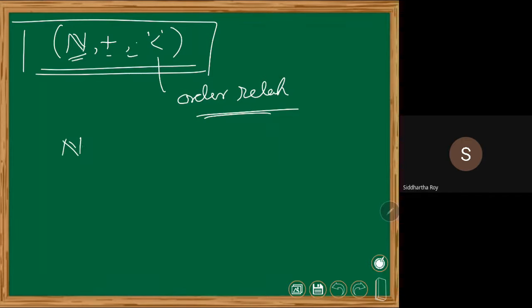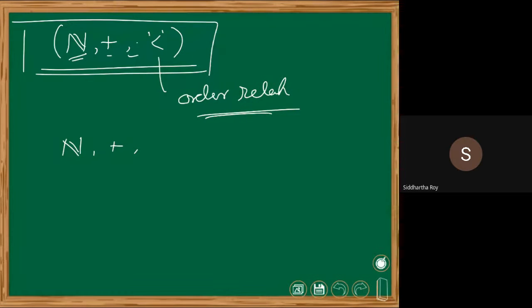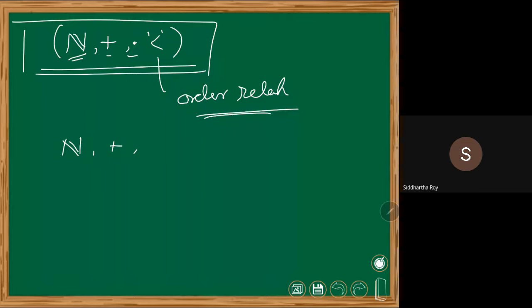N is a set. Addition is well defined as a binary operation. Two natural numbers added together will be a natural number. So closure will hold well. But identity will be missing. It's not a group. You can talk about multiplication. That's also closed. Associativity holds. Everything is fine. Even 1 exists as a multiplicative identity.